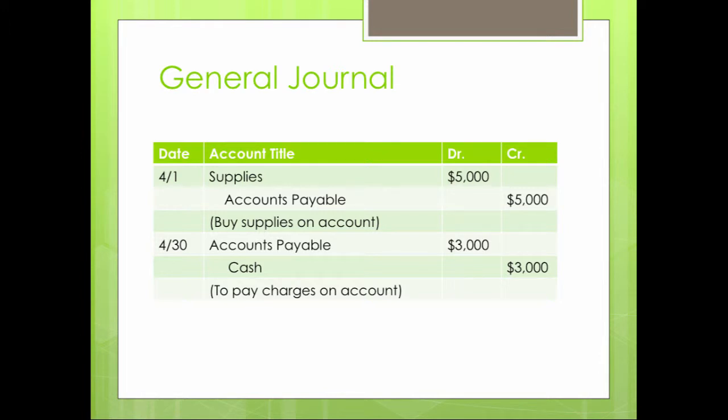And then on April 30th, you decided to pay the credit card balance by $3,000. So you paid it in cash. So these are the two accounts that are affected. You debit accounts payable for $3,000, and you credit cash for $3,000. And that's to pay charges on account. And you continue that with the journal. Every time that there's a transaction, you record it in one journal in chronological order, remember.